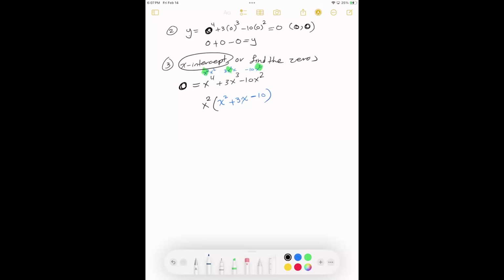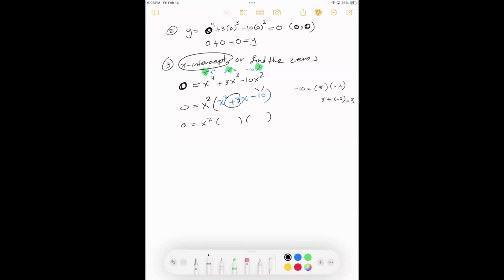Next, I'm going to factor this quadratic. I look for two numbers to multiply to give me negative 10. To get negative 10, I can put positive 5 and negative 2. But then if I add these, would I get 3?